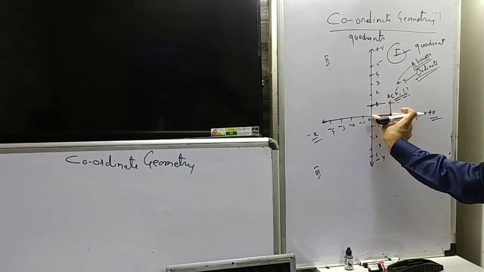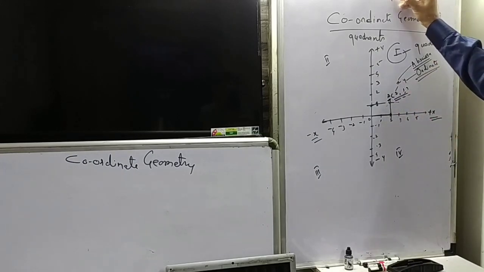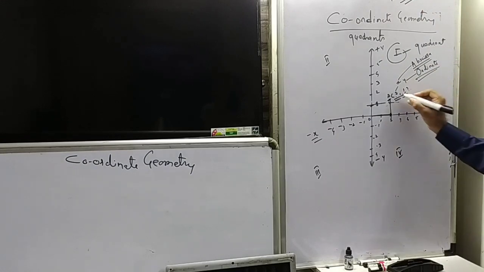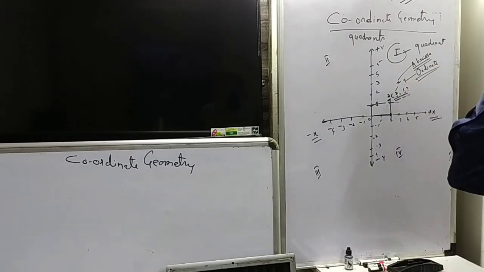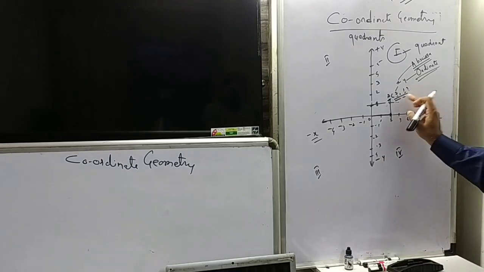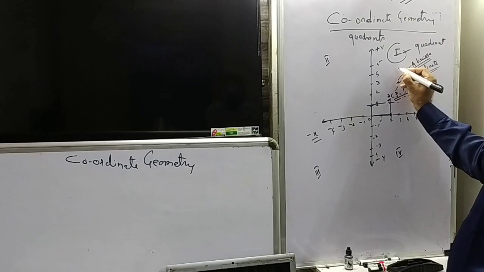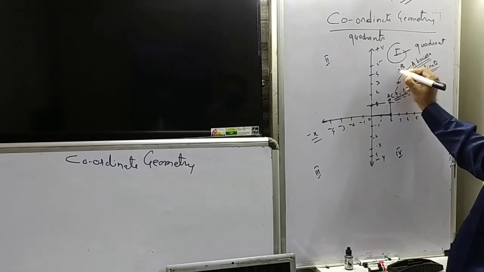The first coordinate represents the x coordinate and the second represents the y coordinate. This cannot be interchanged. I cannot write (2, 1) as (1, 2). (2, 1) is fixed.